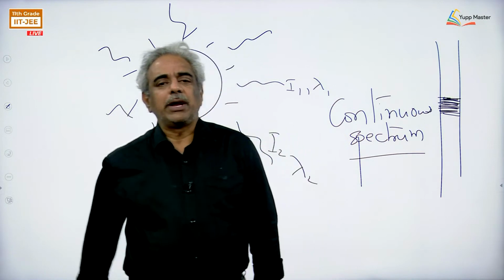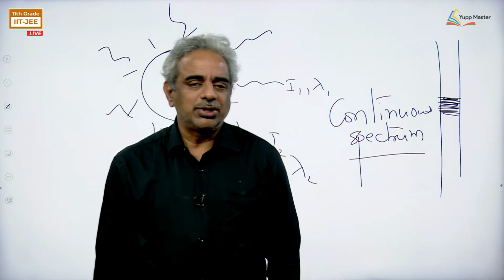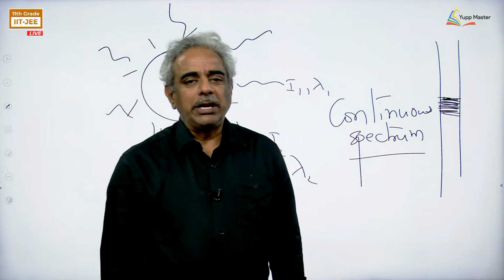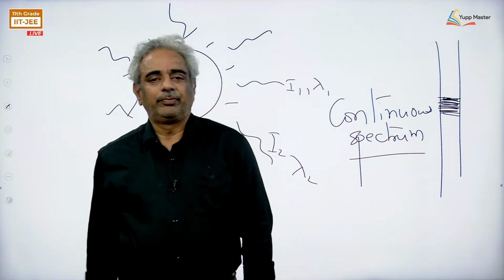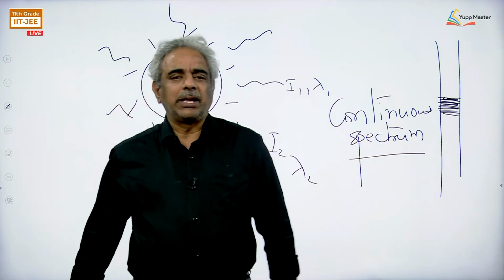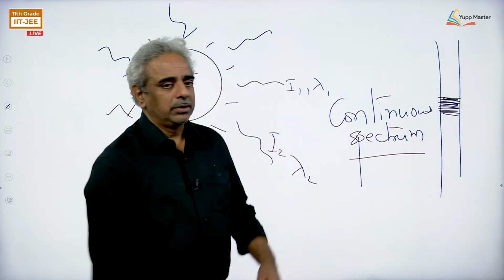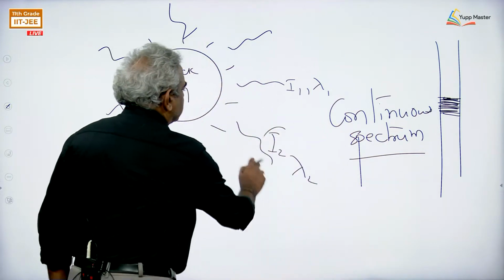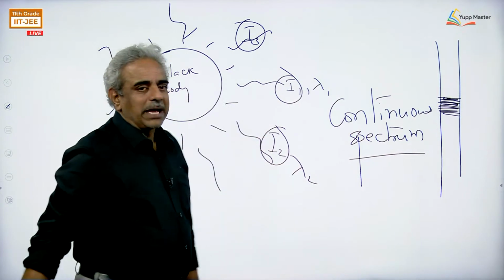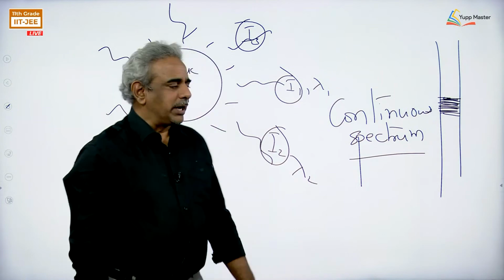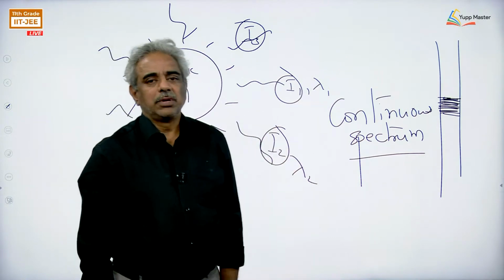Now, let us go for a graphical representation of black body radiation. What will you represent in a graph about this radiation? We will take all intensities on y-axis, we will take all wavelengths on x-axis.